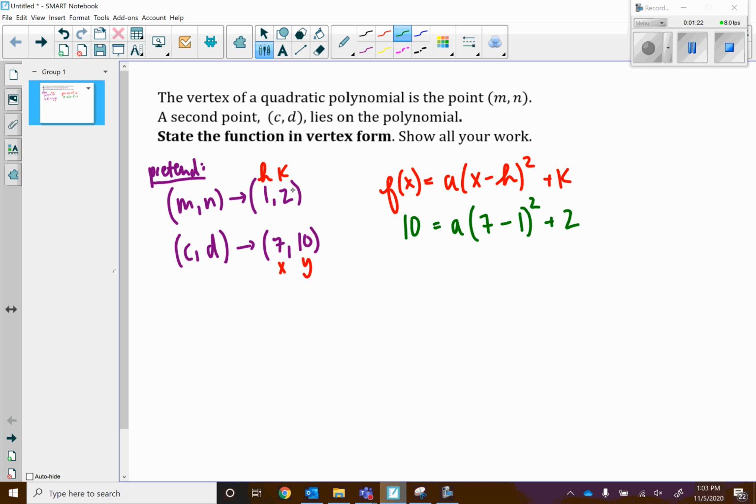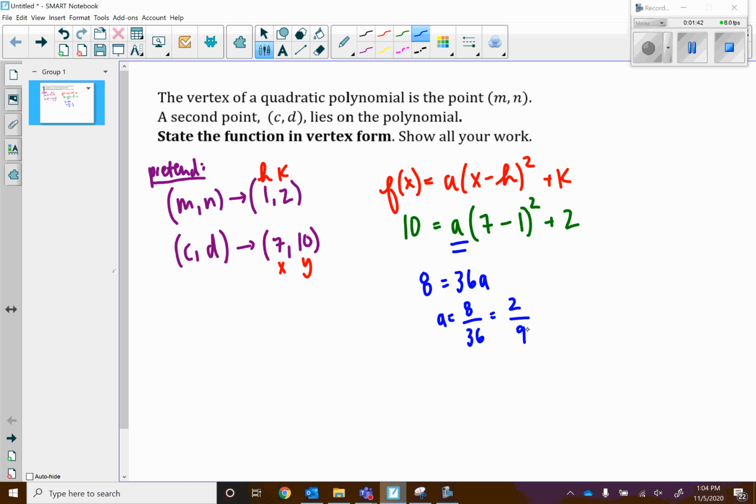And here we would solve for a. 7 minus 1 is 6. 6 squared is 36a. Move that 2 over, so we'd have 8. a is equal to 8 over 36, or 2 over 9.